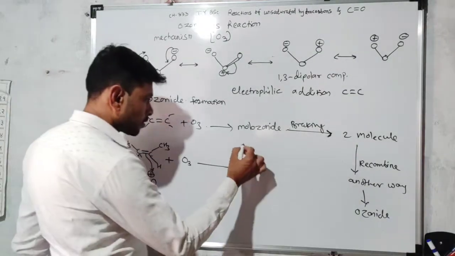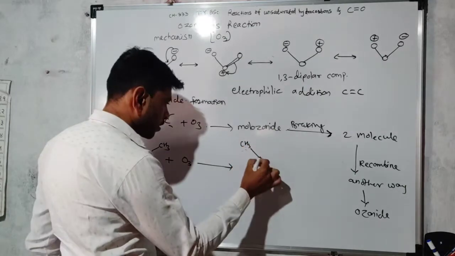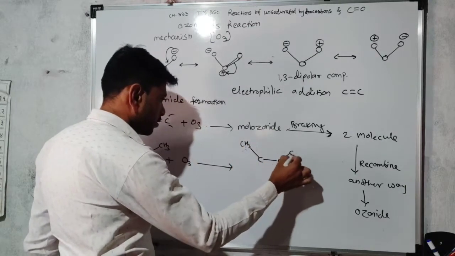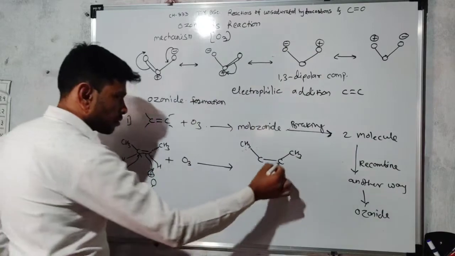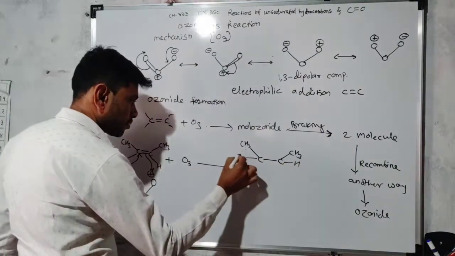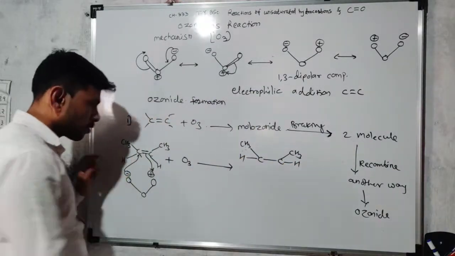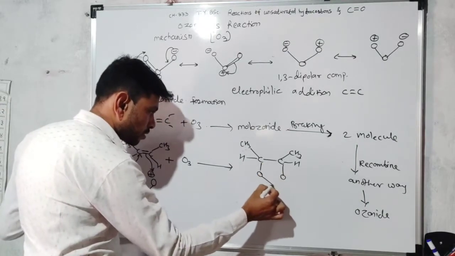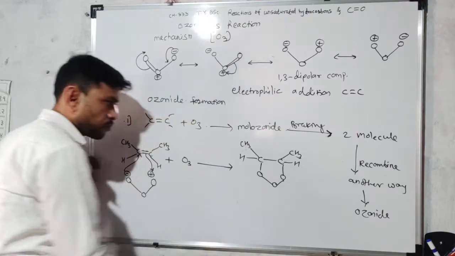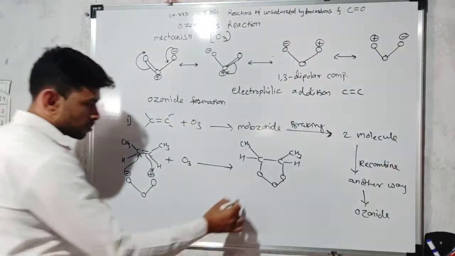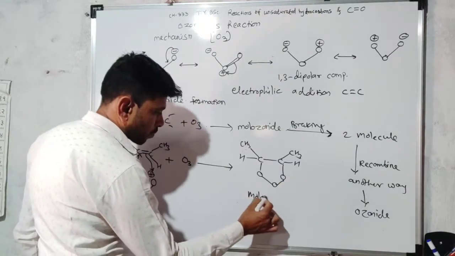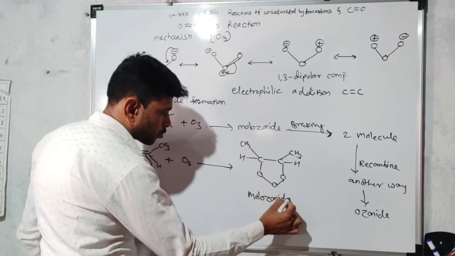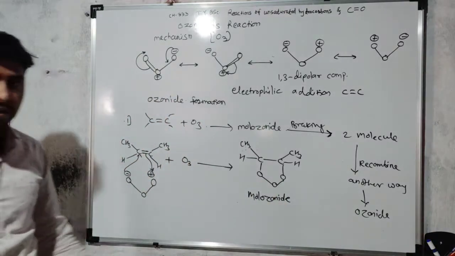So we get the structure CH3, C, CH3, H, and then the attachment of this oxygen, and formation of this type of structure. This is a molozonide.